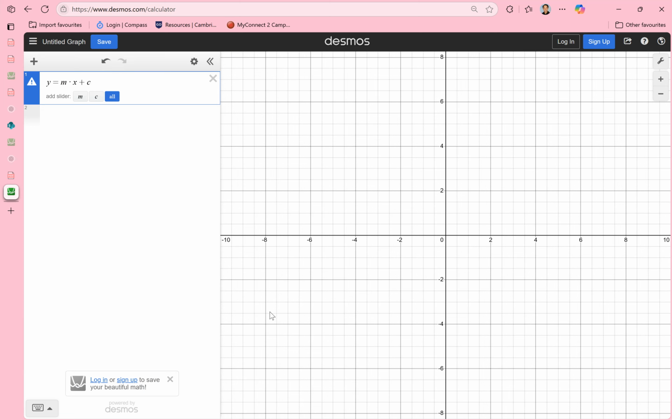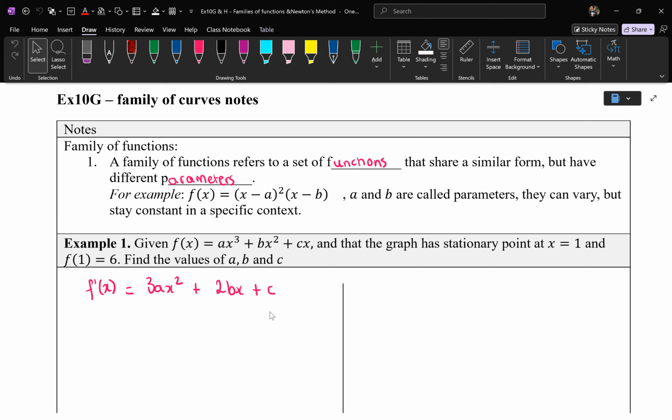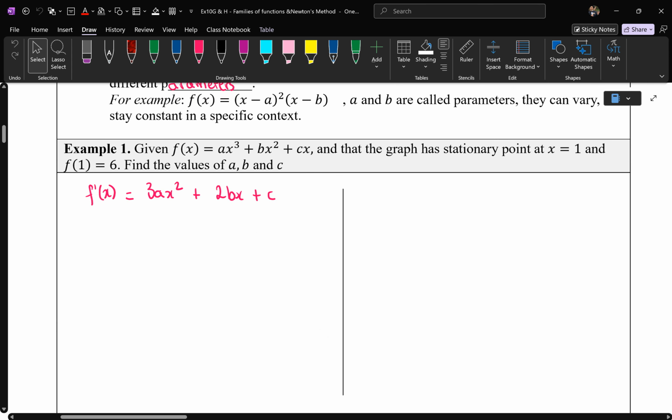So in this exercise, what we're doing today is called family of curves, and it really is just getting you to figure out, okay, the shape doesn't change, but by changing a and b, what will happen to each one? That's why it's called a family of curves. Take this example, and these are some of the examples you could be working with.